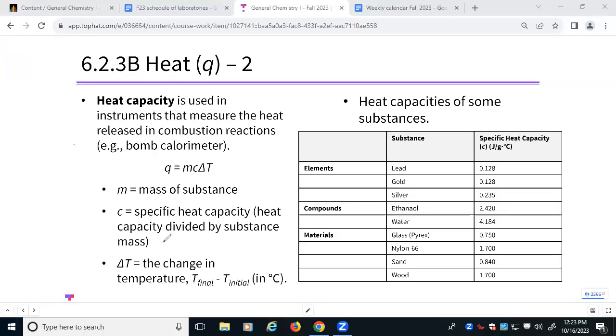First of all, specific heat capacity does vary by substance. And it also varies by phase. And by phase, I mean phase of matter.